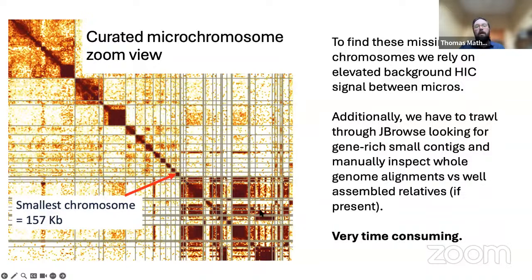So, for example, hopefully you can see my mouse, if I'm pointing to a contig down at the bottom of this piece of the map, and you go up the diagonal here, you can see there's very little background signal. It's much lighter. Whereas if you compare a microchromosome to another microchromosome, there's this orange signal throughout. So this is a repeat contig, and these ones with the higher background signal are likely our euchromatic parts of microchromosomes.